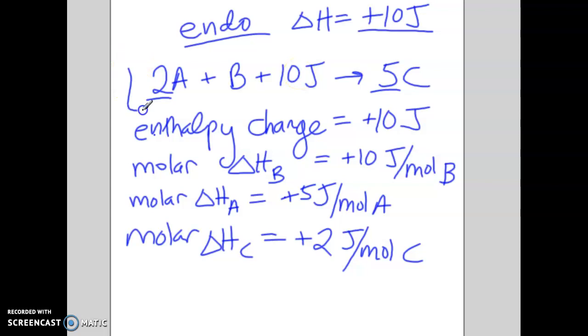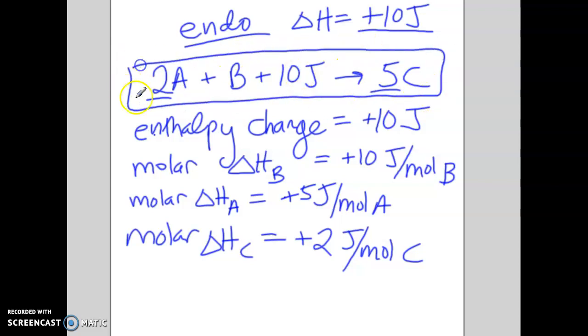So by having this piece of information, like a balanced chemical equation with an energy term within it, this is huge. We can get molar enthalpies for everything that is here by adjusting it accordingly. And of course, we can determine if it's endothermic or exothermic.